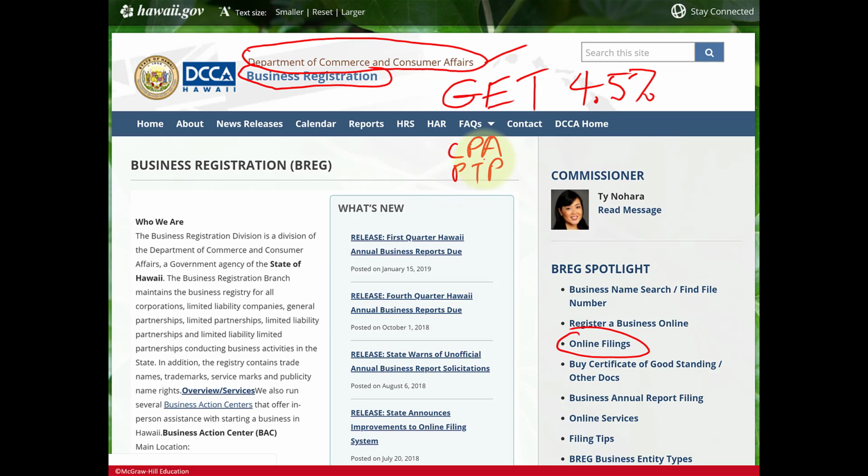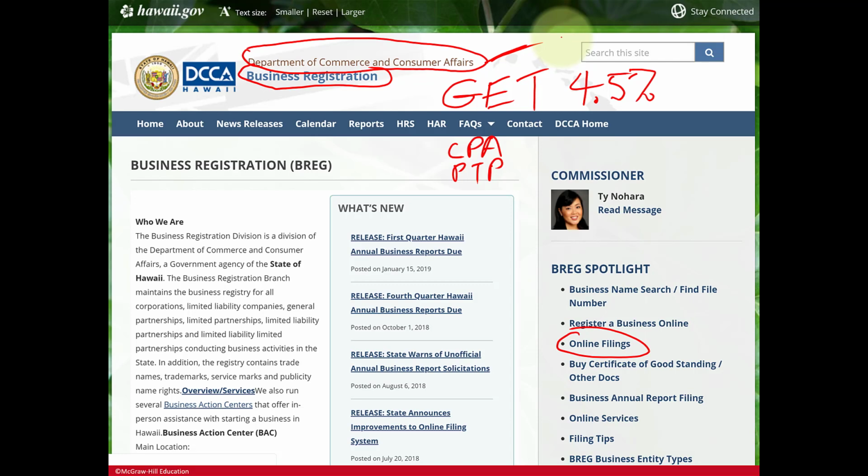So all of this type of registration is done by, again, the Department of Commerce and Consumer Affairs in their licensing division. Other types of businesses that need specific professional licenses are architects, doctors, even plumbers, hairdressers, hairstylists. They all need to get a license to do business here in Hawaii.